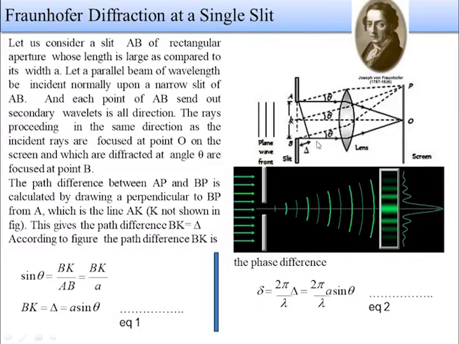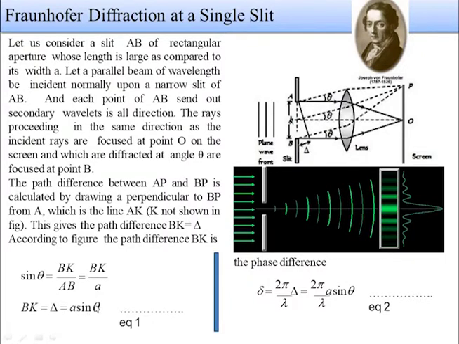Opposite is BK, which is delta, the path difference, and the hypotenuse is AB, which is equivalent to a, the width of the slit. So sine theta is equal to BK by AB, that is BK by a. So we get BK, which is the path difference, equal to a sine theta.